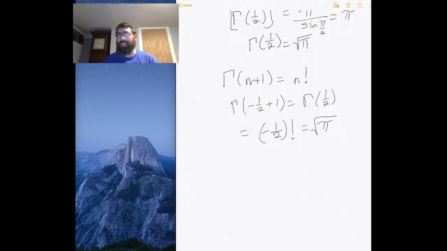Usually we just say at this point that I'm not going to get a negative factorial. Instead, we're just going to be using the gamma function. So the gamma function has kind of superseded the factorial. But if for some reason you ended up with the negative 1/2 factorial, well, you can use the relationship with the gamma function to give us that answer, which just happens to be the square root of pi.